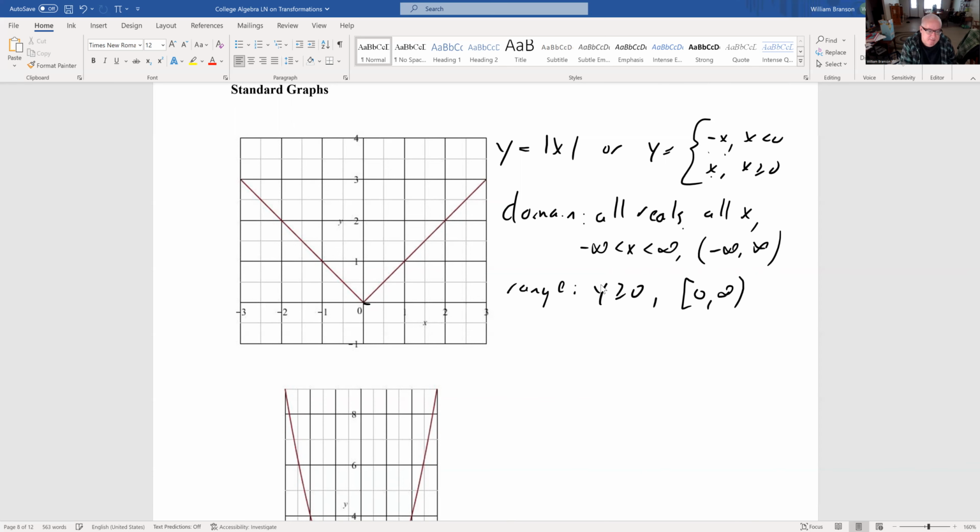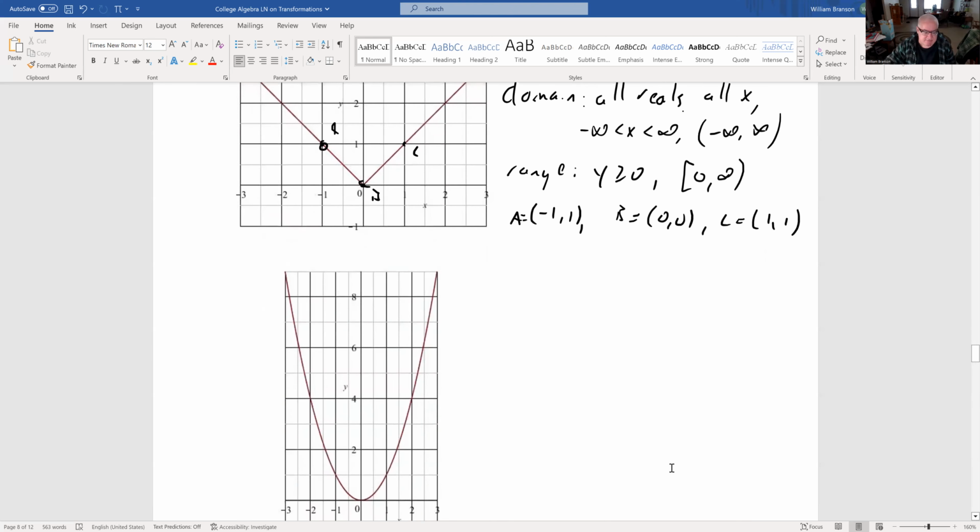And it's got 3 special points, which we'll call A, B, and C. A is -1, 1. B is the point 0, 0, and C is the point 1, 1. And if you can figure out where those 3 points go, then the rest is just filling in the lines.